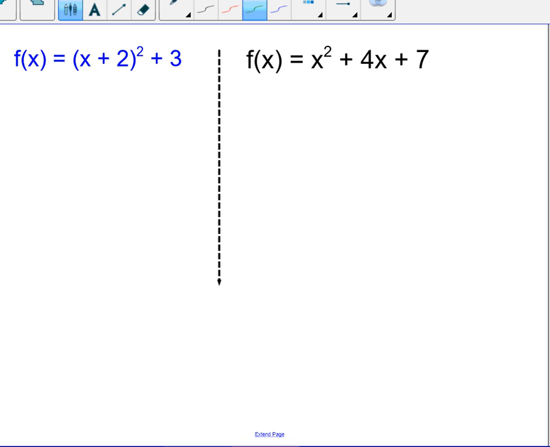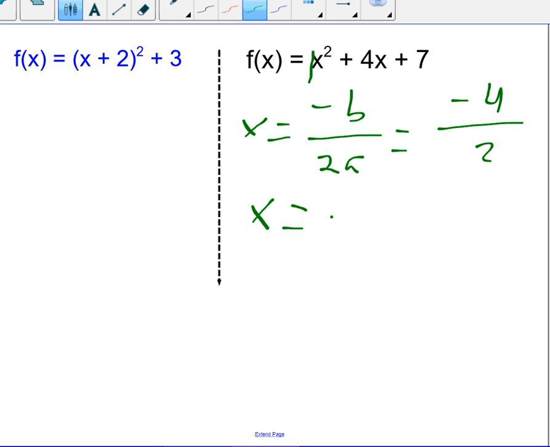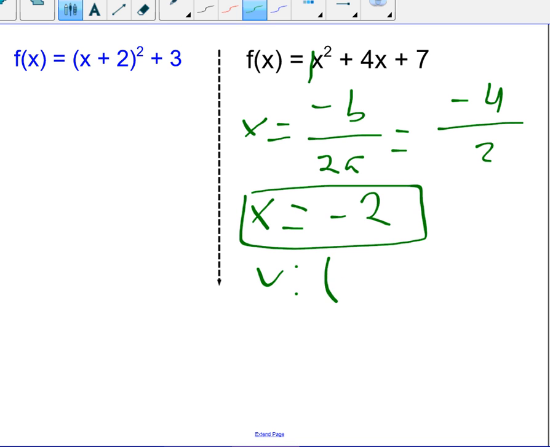So to find the x value of the vertex and the axis of symmetry, we're just going to do x equals negative b over 2a, which in this case is negative 4, because I've got a positive 4 as my b, which becomes negative, over 2a, which a is 1, so that's 2 times 1 is 2, so x equals negative 2. So x equals negative 2 is my axis of symmetry. It's also the x coordinate of my vertex.